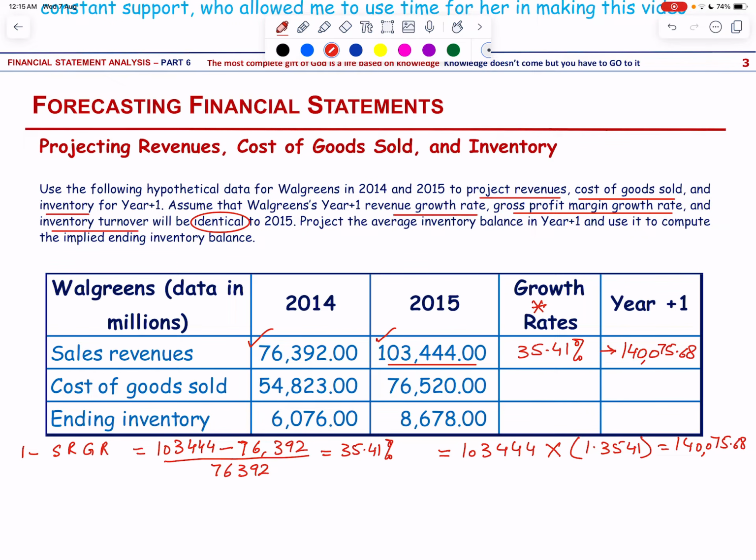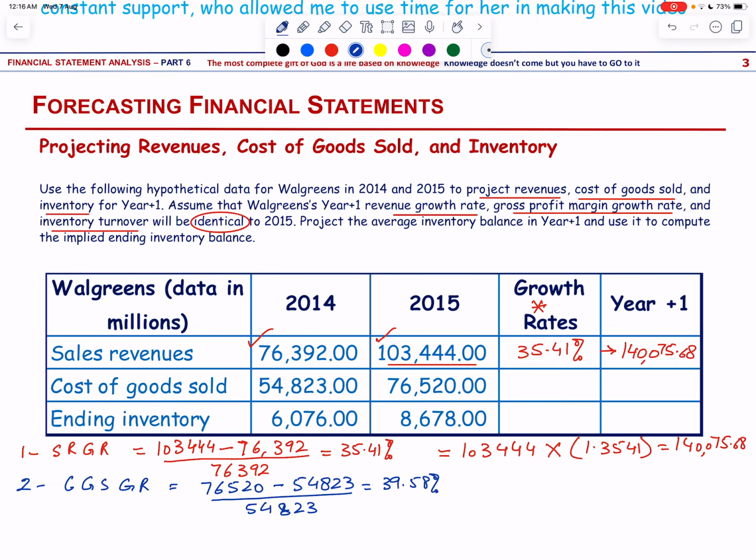Okay, then we are going to calculate the cost of goods sold growth rate for the next year, and this is equal to the cost of goods sold for 2015, that is 76,520, minus once again the cost of goods sold for 2014, that is 54,823, and this will be divided by the cost of goods sold for the previous year, that is 54,823, and this will be equal to 39.58%.